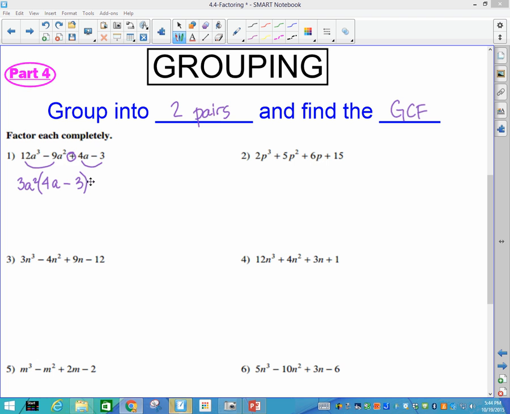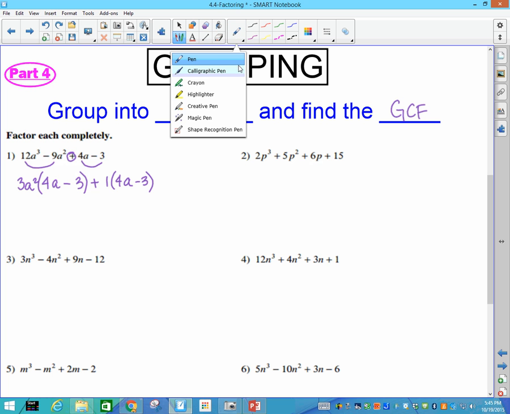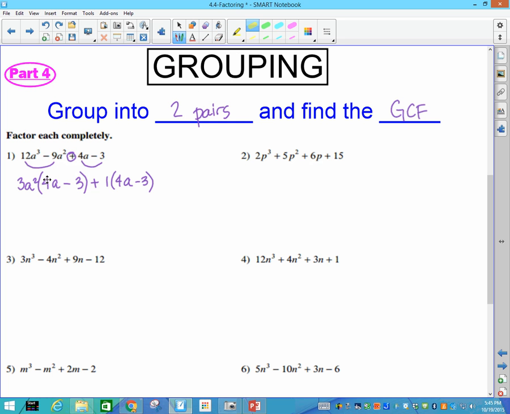I always take that sign, and then look at 4a and 3, and you go, well, they don't have anything in common. So that's when you write the number 1 and copy it down. Now, if when you get to this step these two terms do not look exactly the same, then you have done the wrong thing.